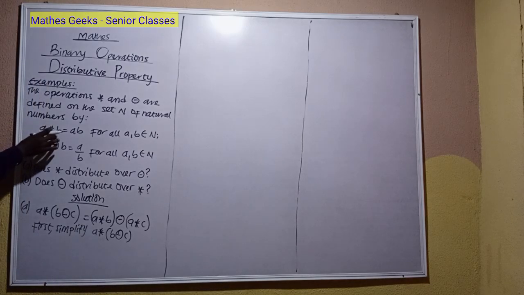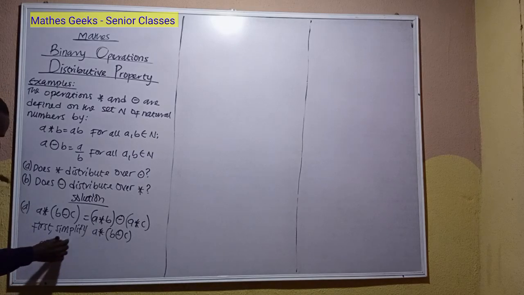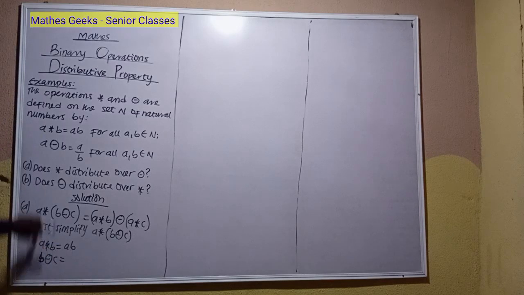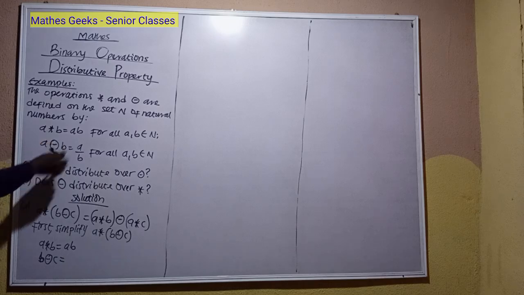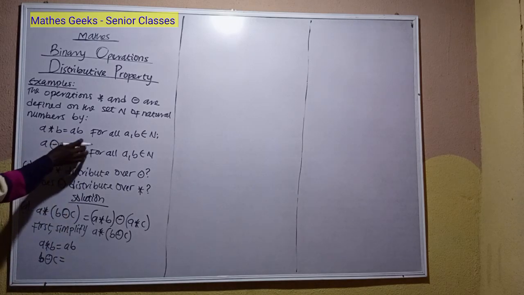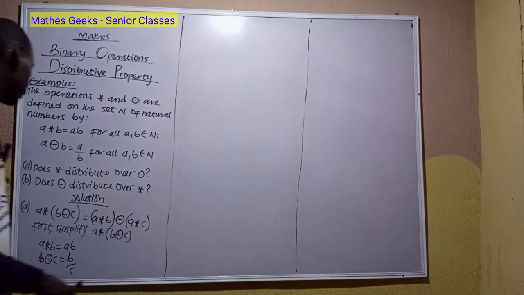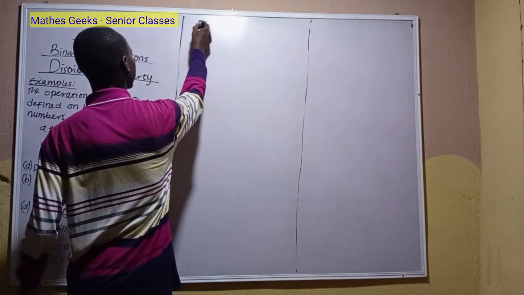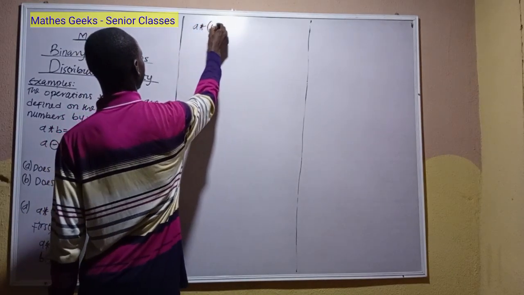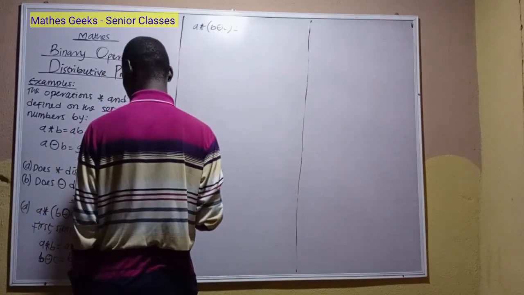Now A star B is AB. For B operation C, A operation B is equal to A over B, so B replaces A and C replaces B. So here will be B over C. So A star (B operation C) is equal to A times B over C.